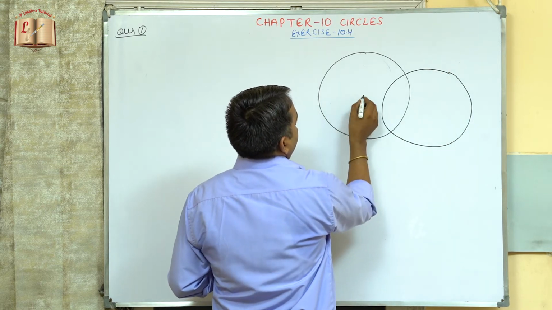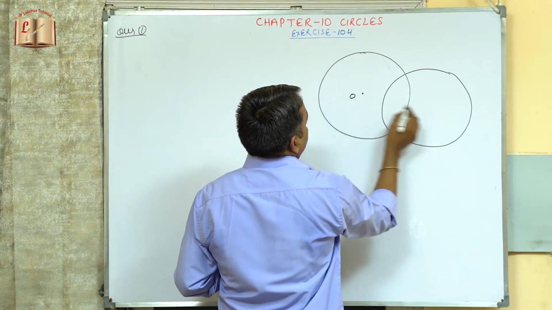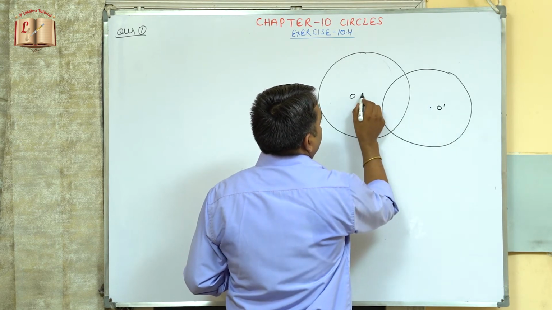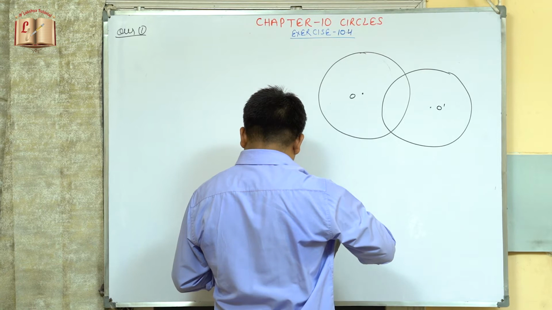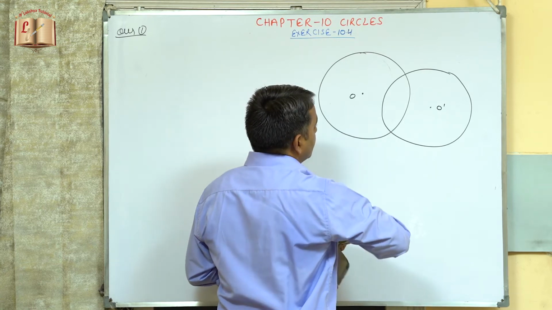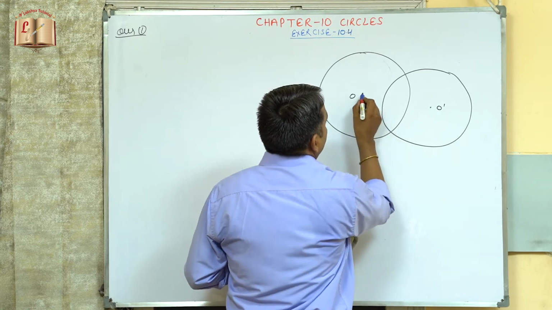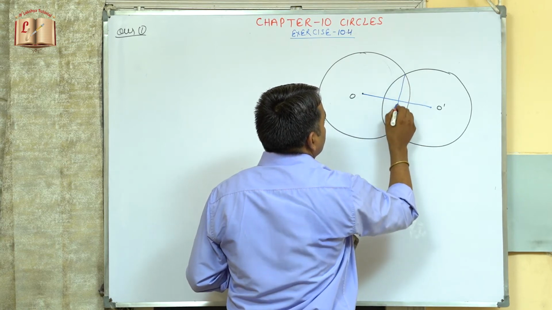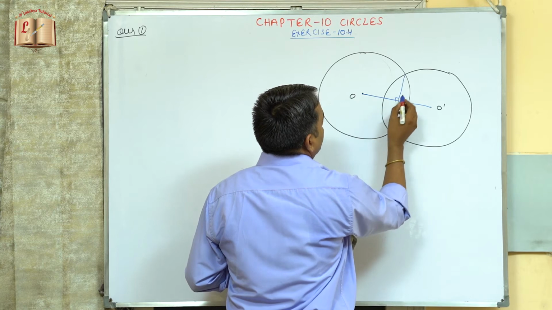So this is the circle with center, suppose O, and this is the circle with center O dash, and here it is the chord joined. So this is the common chord joined, and this will be the perpendicular to that.